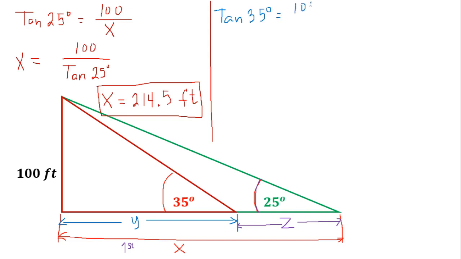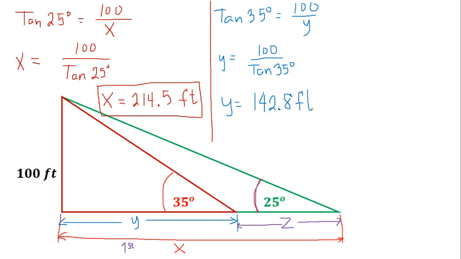Tangent 35 degrees equals 100 over y, and y is equal to 100 over tangent 35 degrees. So y is equal to, using your calculator, 142.8 feet. So this is our value of y.